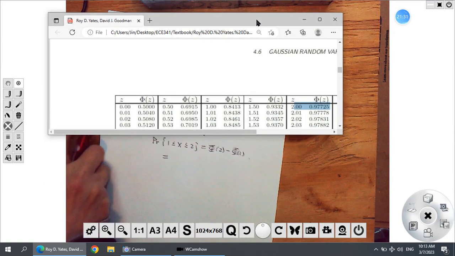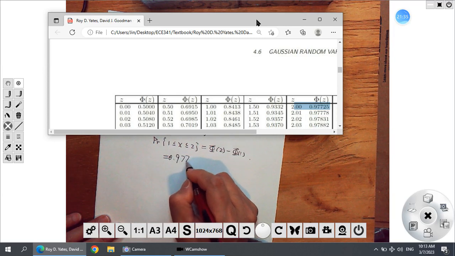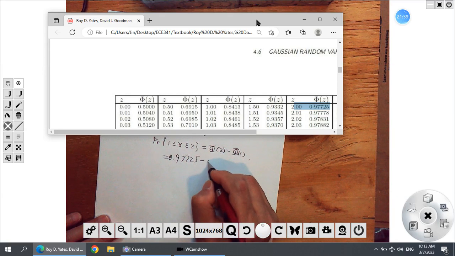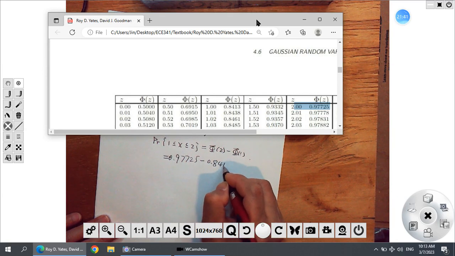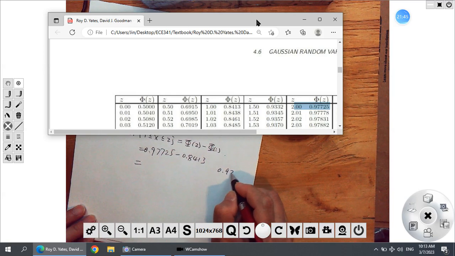These two numbers I can copy. It is 0.97725 minus phi 1, which is 0.8413. So this is 0.97725 minus 0.8413.